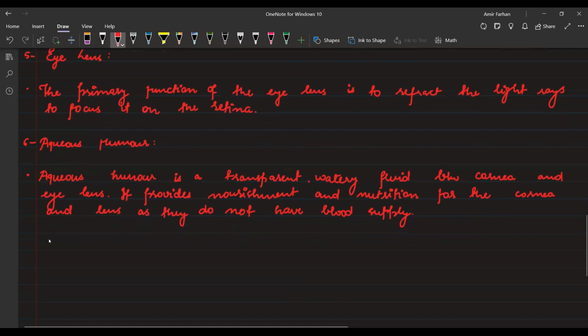Next is vitreous humor. This one provides shape to the human eye.